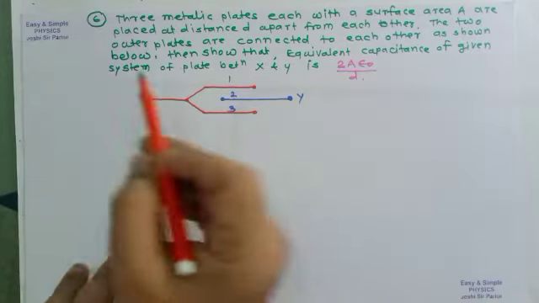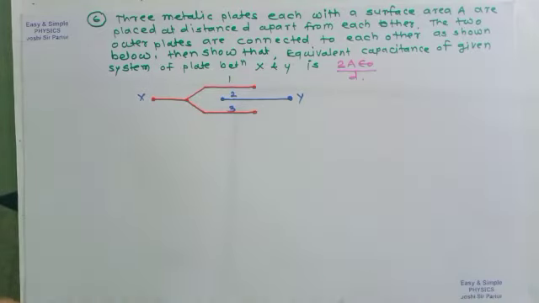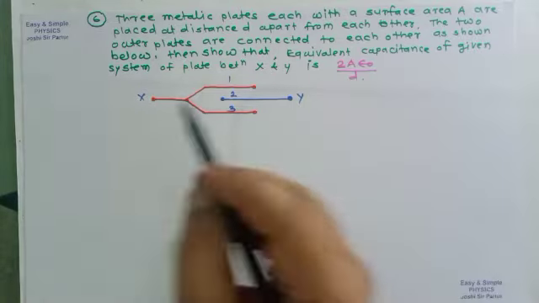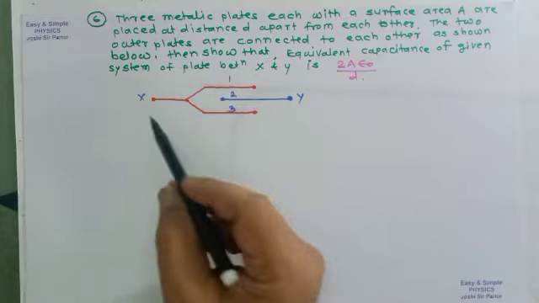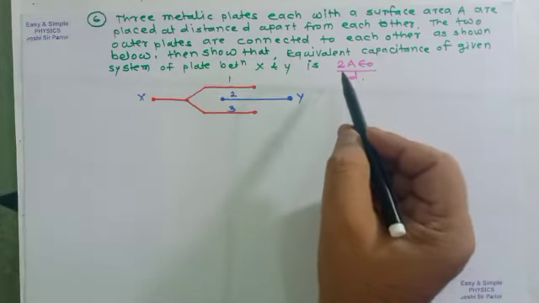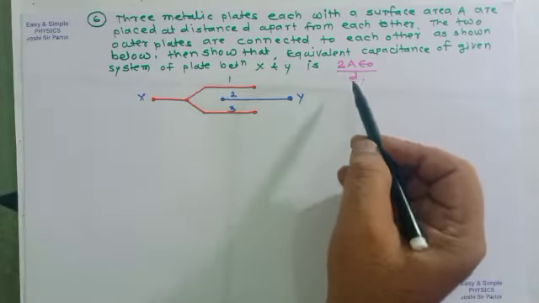The two outer plates are connected to each other as shown below. Then show that the equivalent capacitance of the given system between X and Y is 2 times A epsilon 0 upon D.